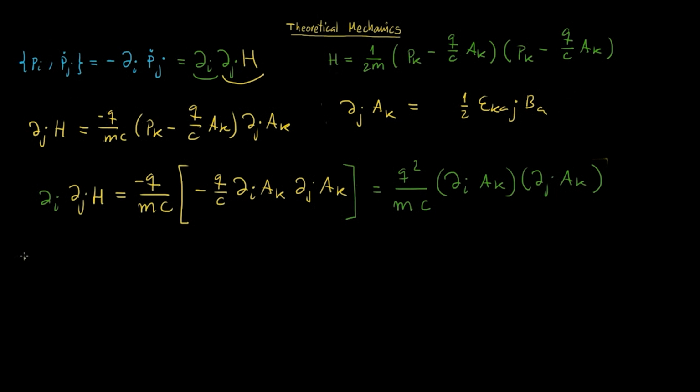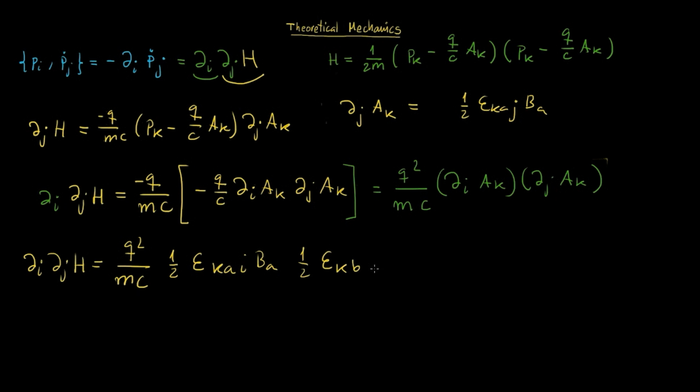So partial i partial j H will be q squared over m c. Here we have ik, so this is 1/2 epsilon_kia, instead of j it is i, and here 1/2 epsilon_kjb. If you use a repeated index, then you must write another repeated index in the same expression.